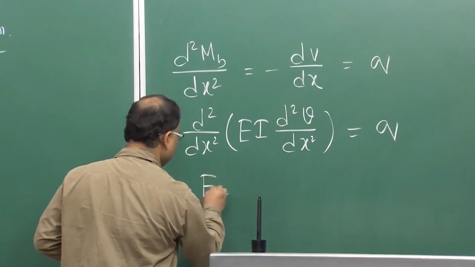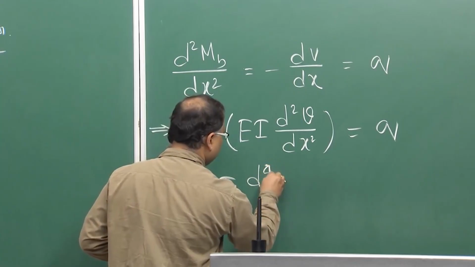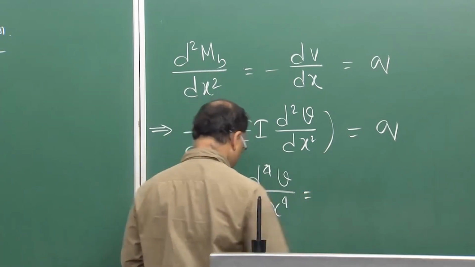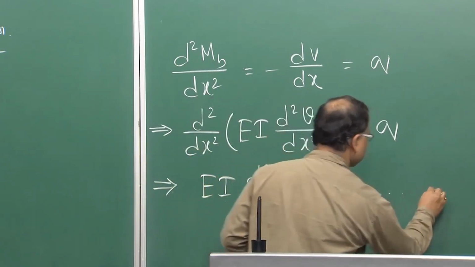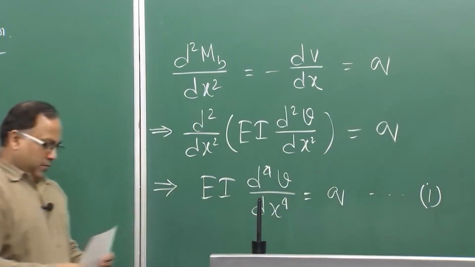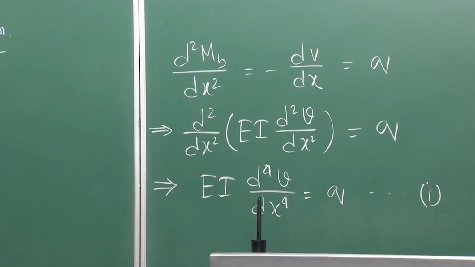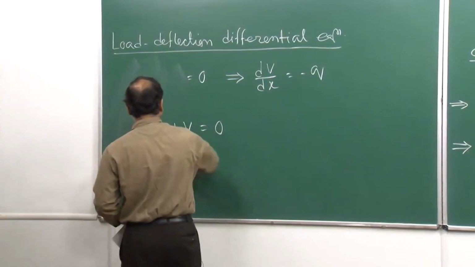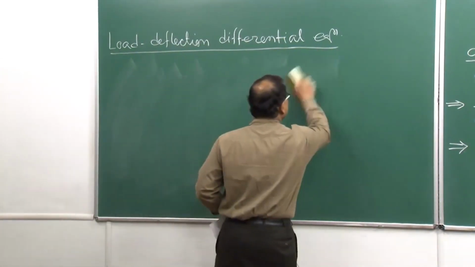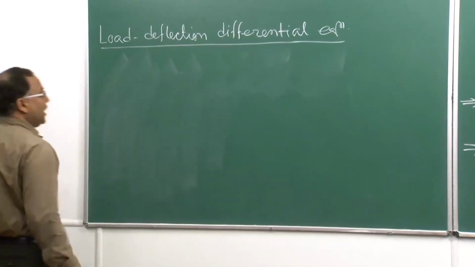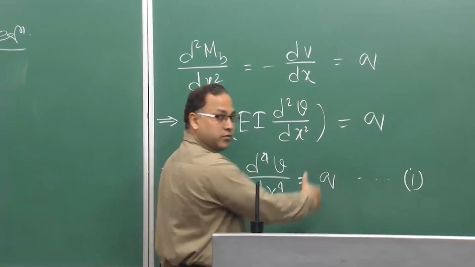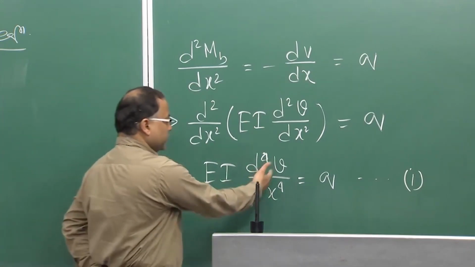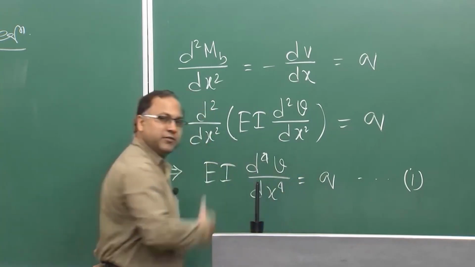So, I can write EI d4v/dx4 equals q, say equation 1. This relation gives me the differential relation between your load and deflection. q is your load, a distributed load over the beam, and v is the deflection. So, this is the differential relation between the load and the deflection.